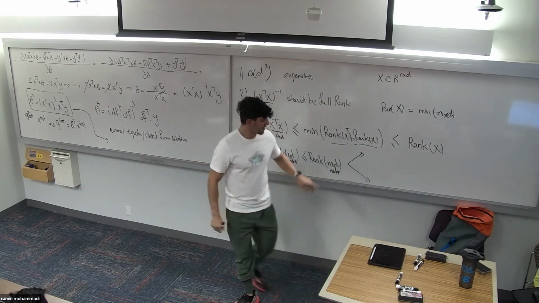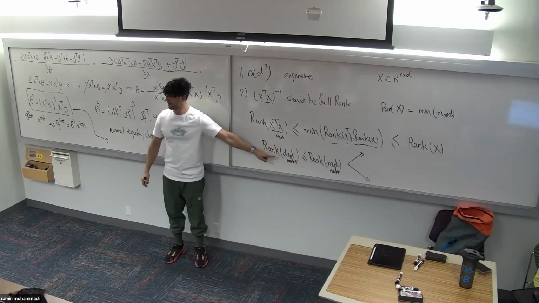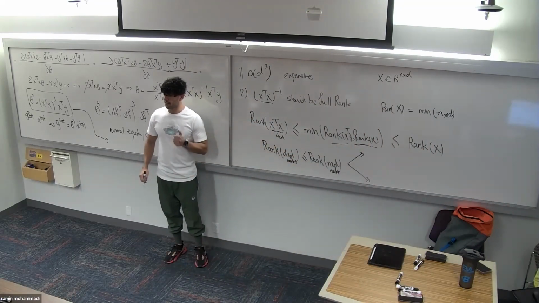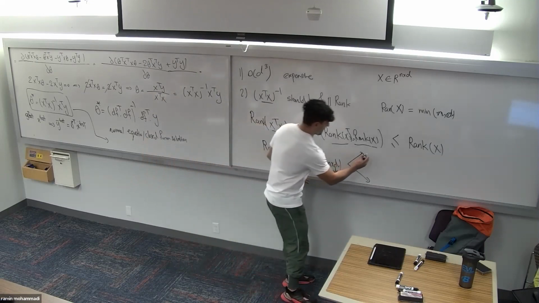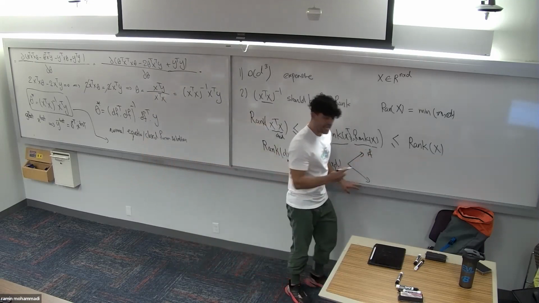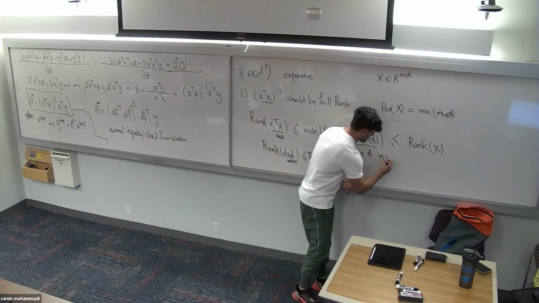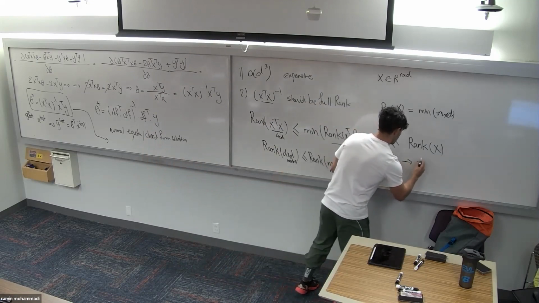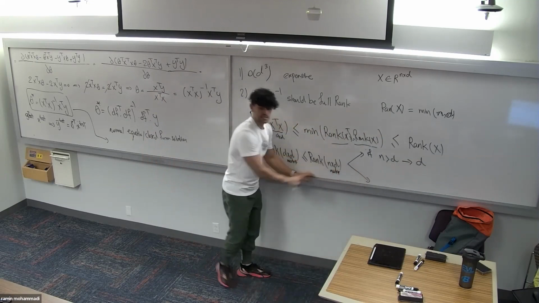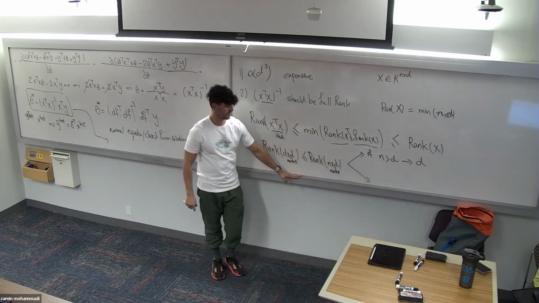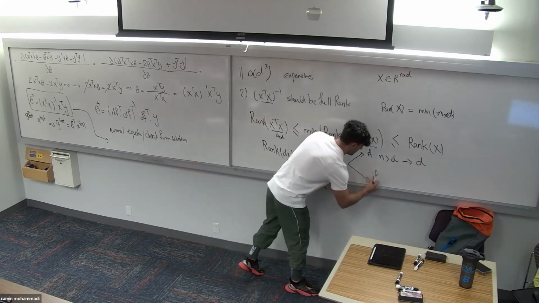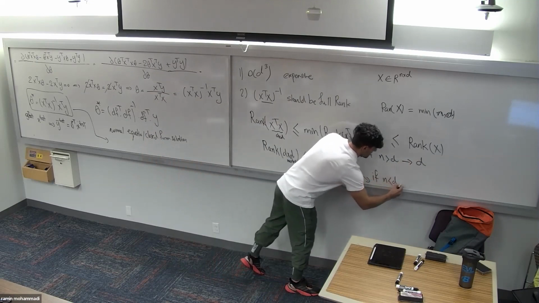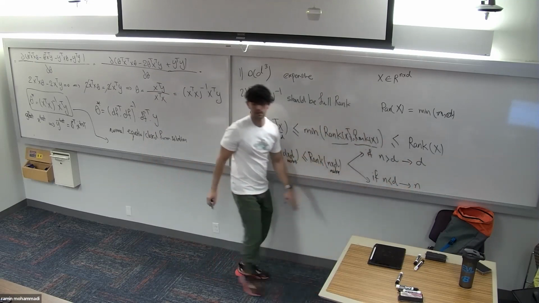So there are two scenarios. If N is greater than D, then the rank becomes D. If N is smaller than D, the rank becomes N.